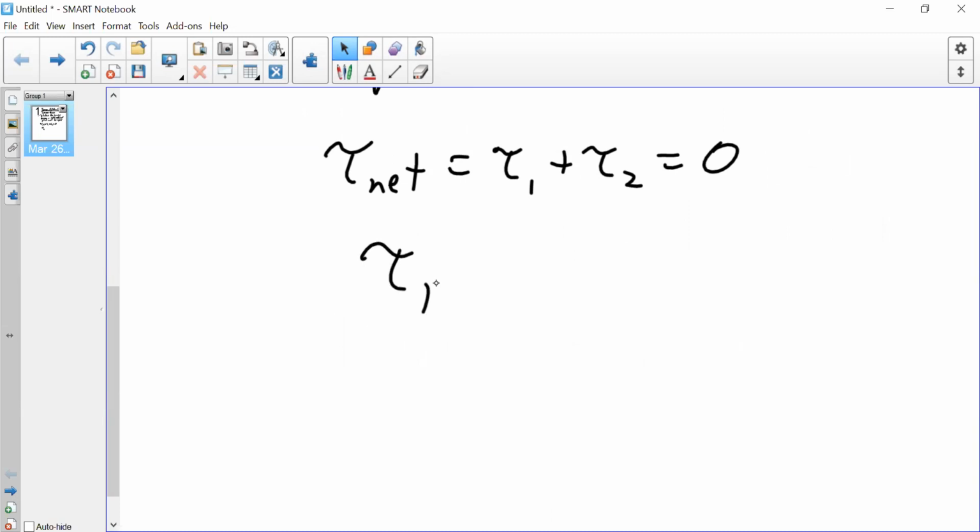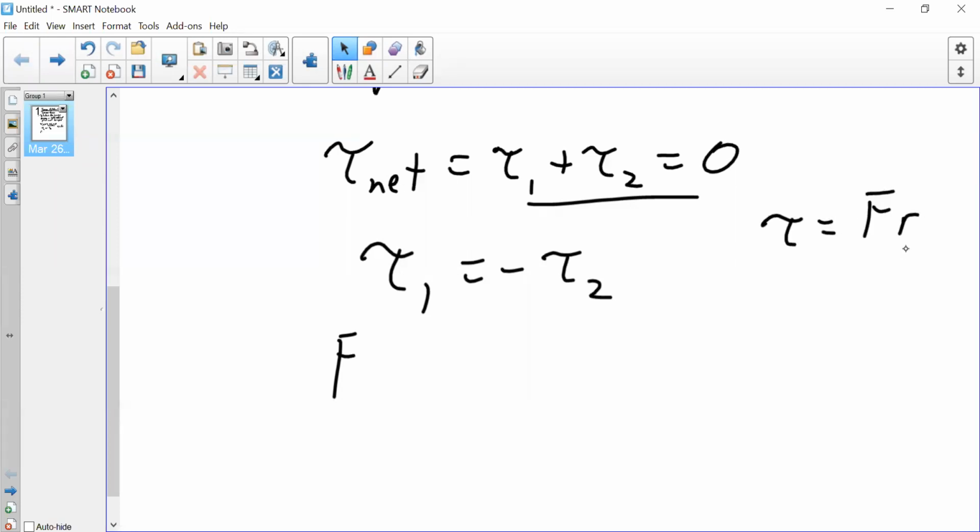So the first torque is going to be equal and opposite to the second torque. If we take this equation and solve for torque 1, that'll be equal to negative torque 2. We're going to be on 2 sides of the pivot, left side and right side. The equation for torque is basically force times radius.